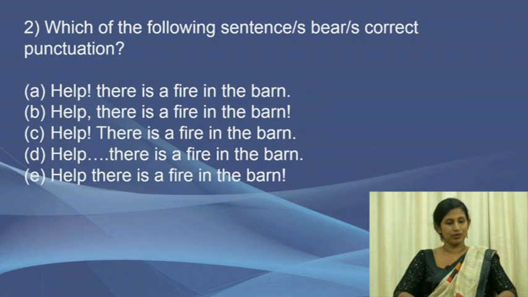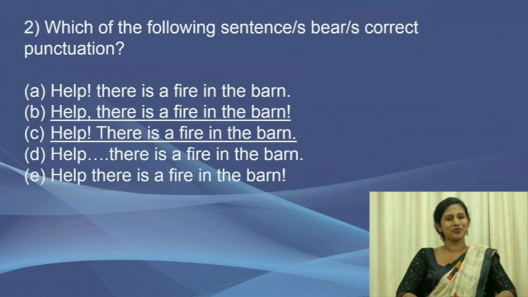So let's see what the answers are. Yes. So as we discussed, we have two answers here, B and C. So you must be wondering what is the difference here. Now if I say B, it's like "Help!